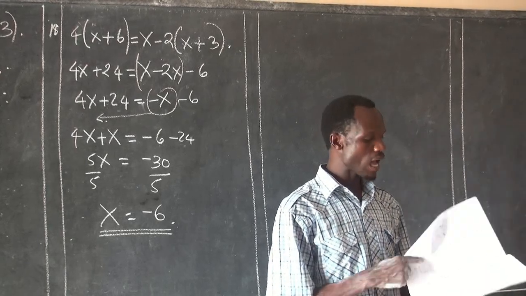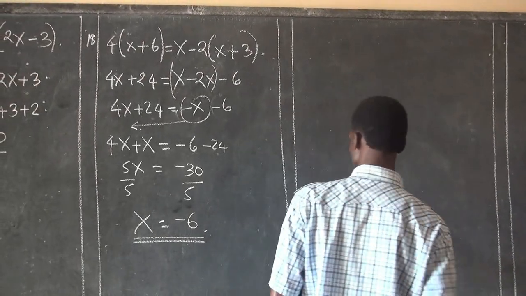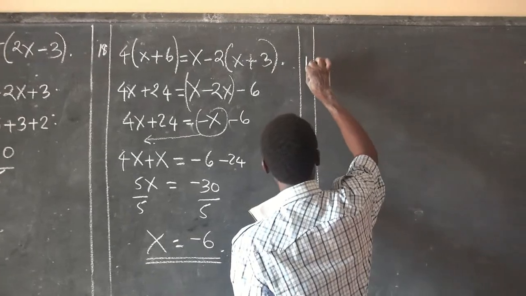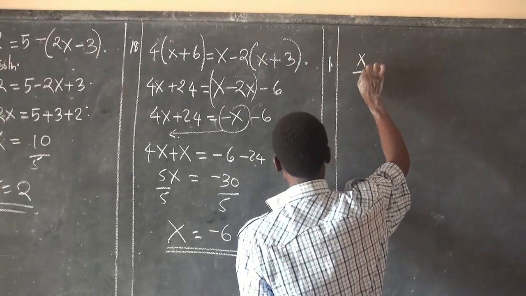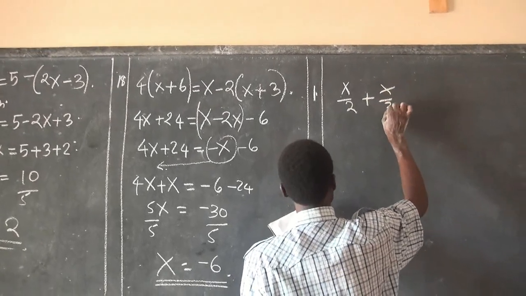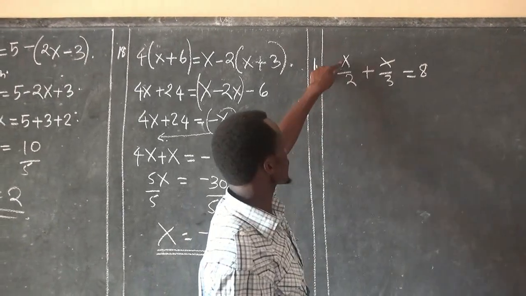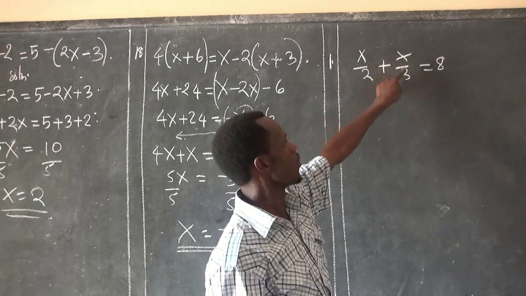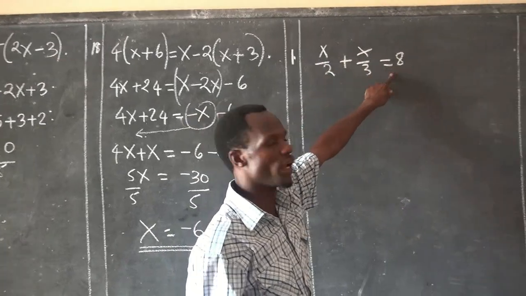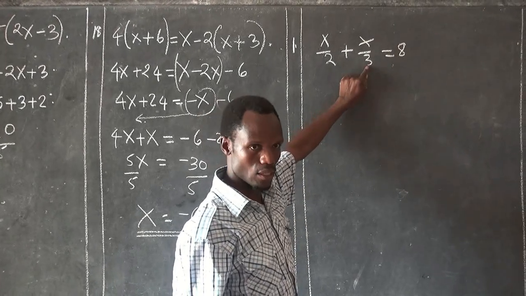Now let us see an example of an algebraic equation that involves fractions. Example number 1: we have x over 2 plus x over 3 is equal to 8. You have to find the LCM of the denominators.